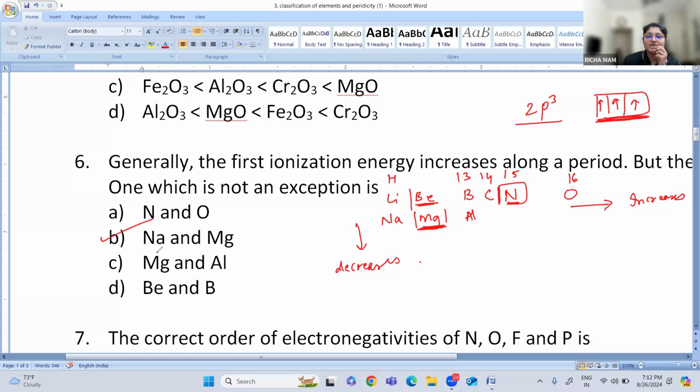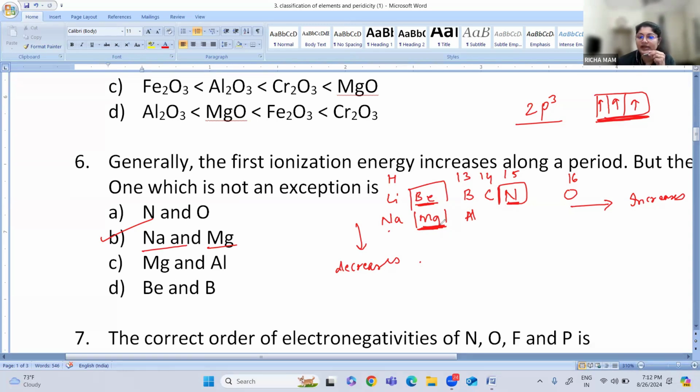So the answer is option B, sodium and magnesium, which is not an exception. Beryllium, magnesium, and nitrogen have higher values because of the stable configuration.